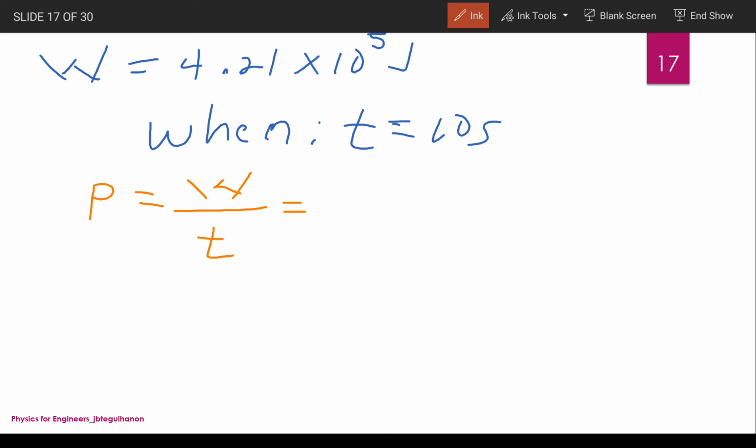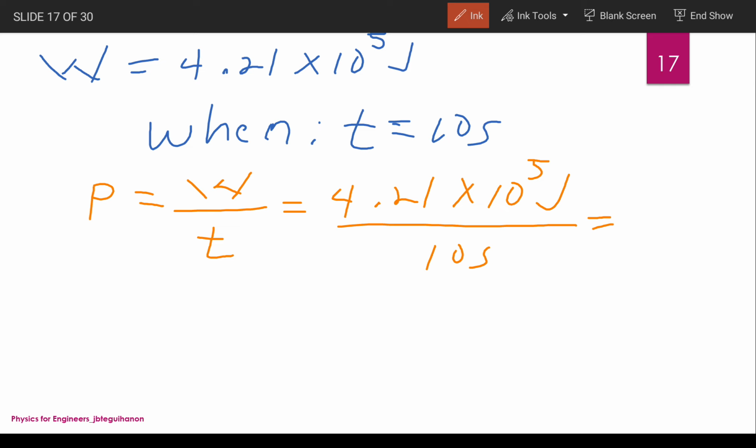So, work natin is 4.21 times 10 raised to plus 5 joules over 10 seconds. So joules over seconds is what?